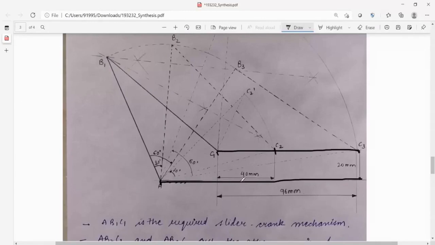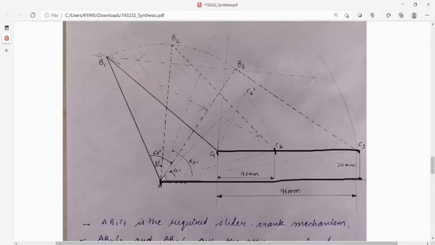So this C1, C2 and C3 are going to be the initial and subsequent positions of the slider, and this point A is going to be the fixed pivot point for the slider crank mechanism. Now we will rotate this C2 point about A by an angle of 30 degrees in the counterclockwise direction to get the point C2 dash.